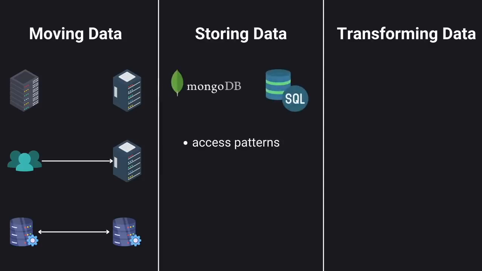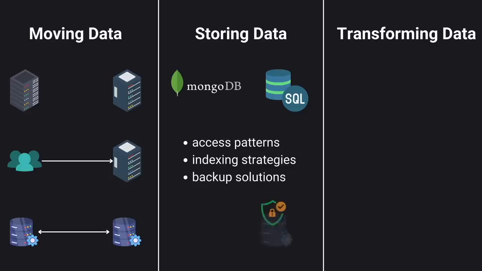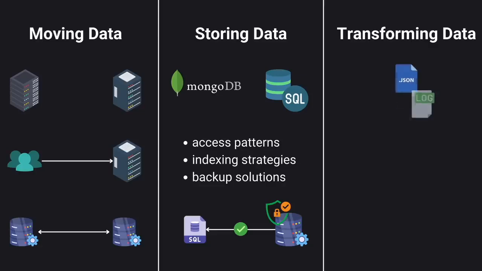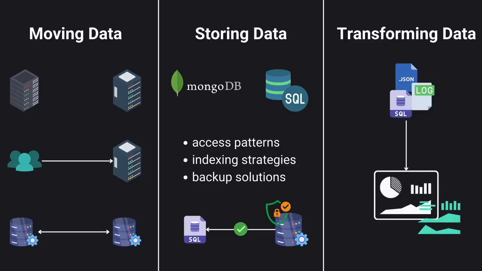It's about understanding access patterns, indexing strategies, and backup solutions. We need to ensure that our data is not only stored securely, but is also readily available when needed. And data transformation is about taking raw data and turning it into meaningful information. Whether it's aggregating log files for analysis or converting user input into a different format.